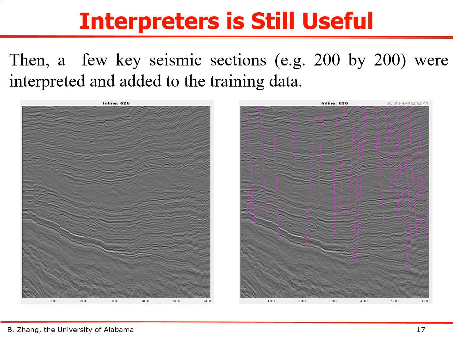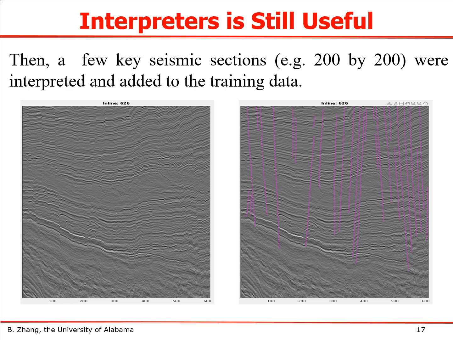Next, I had a fresh interpreter interpret 6 vertical sections within the seismic survey. The fresh interpreter has little previous interpretation experience. It takes him about 30 minutes to produce such 6 sections.